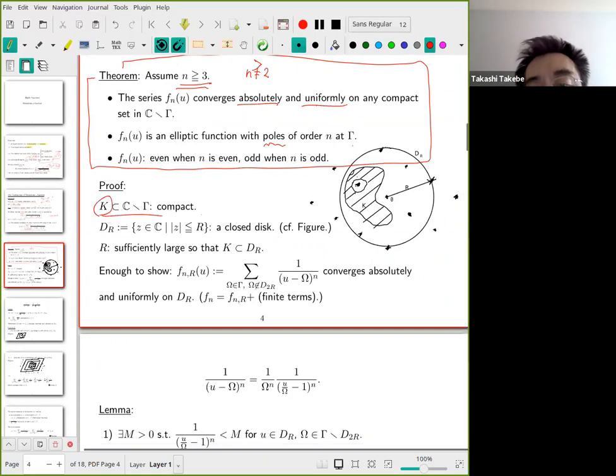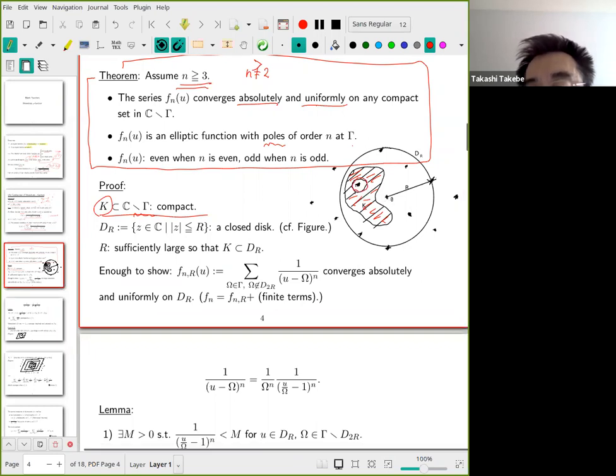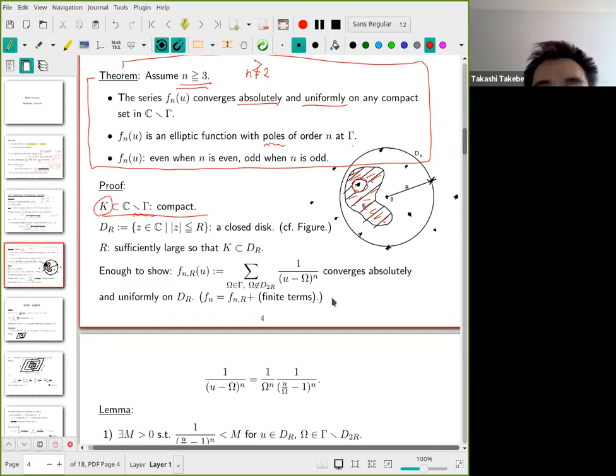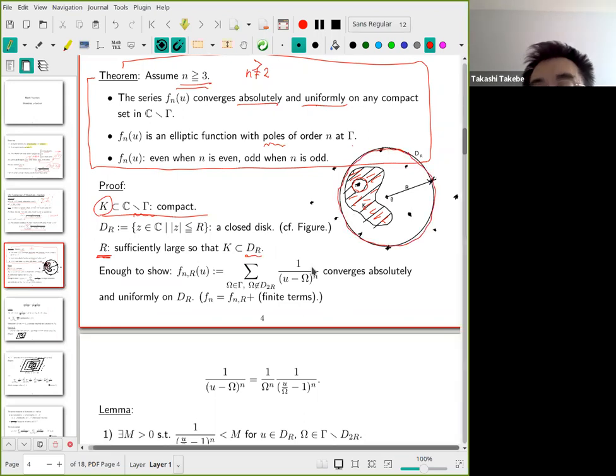First, take any compact set which does not contain lattice points. And take R so large that this disk contains this compact set. Since a compact set is a bounded closed set, there should be some big number R.